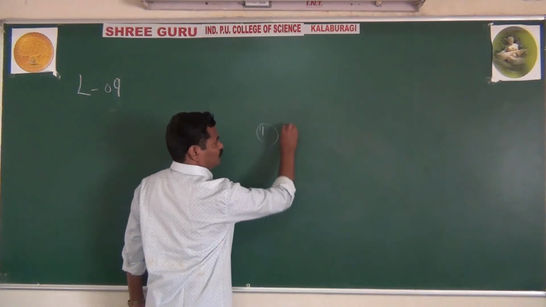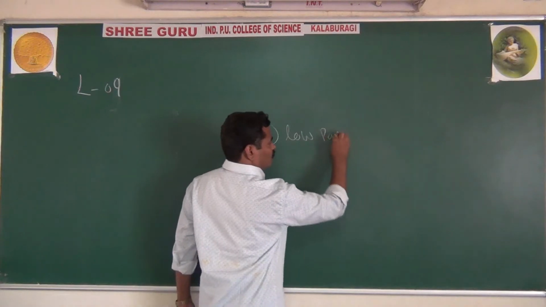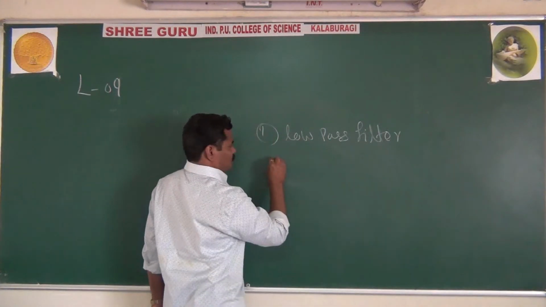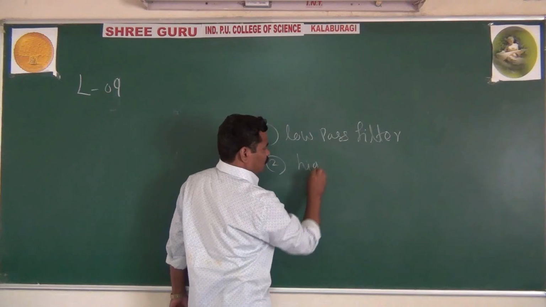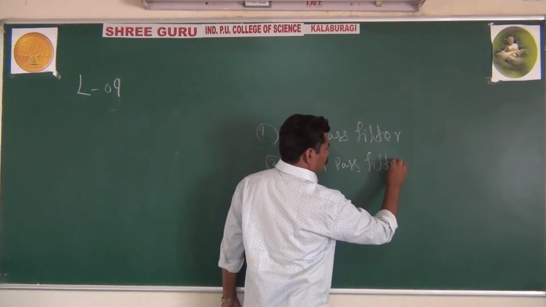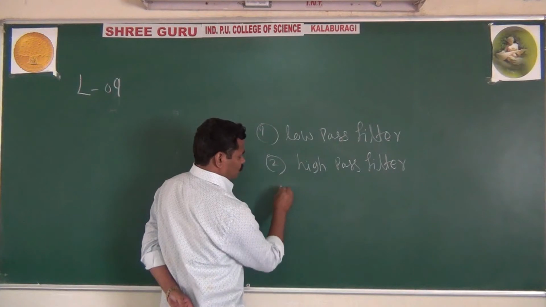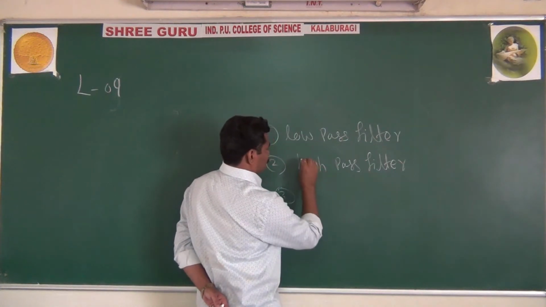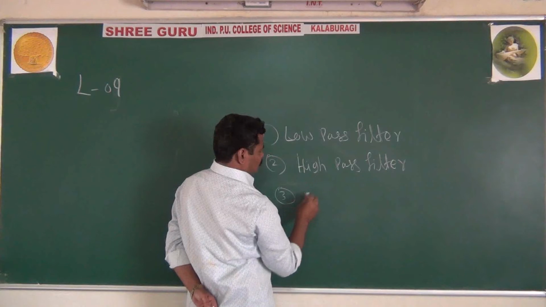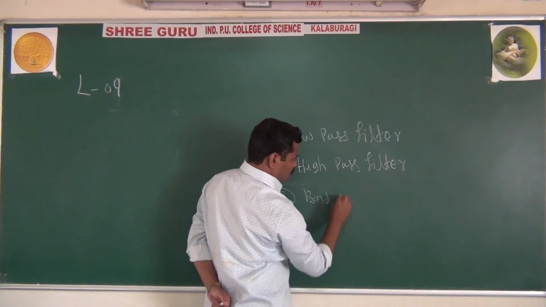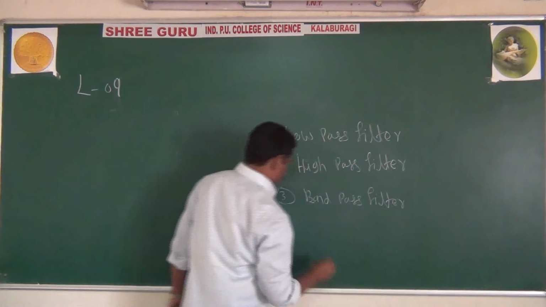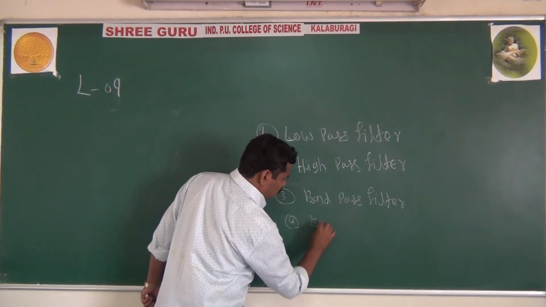That is the low pass filter, and the second one is the high pass filter, and the third one is the band pass filter, and the fourth one is the band reject.